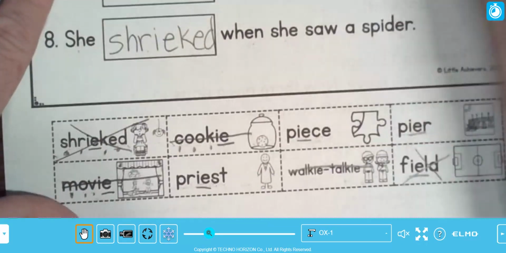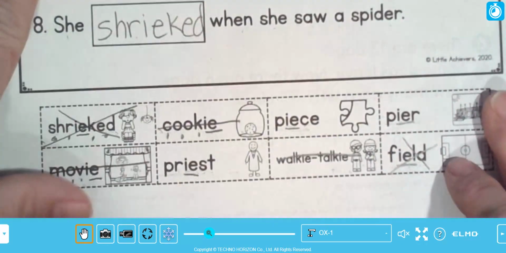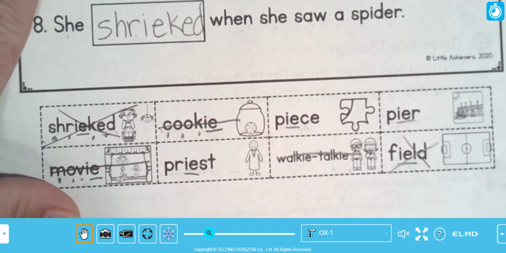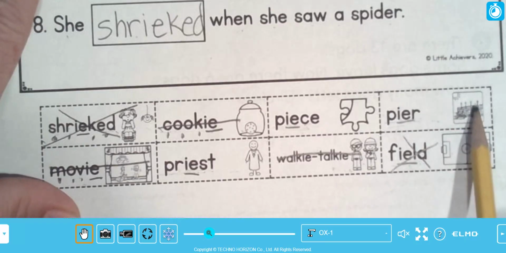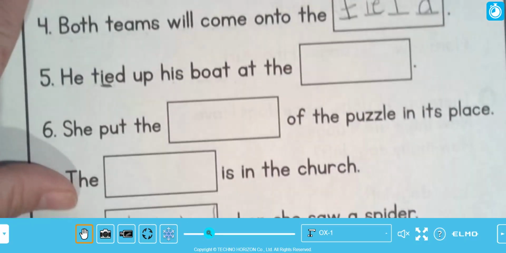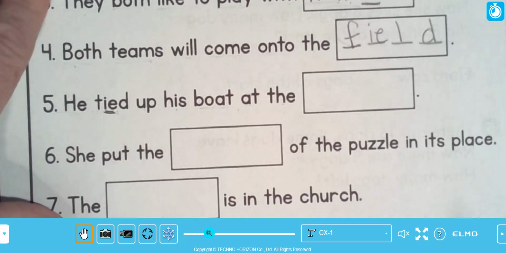Okay, so let's find one of these where he would tie his boat. Would he tie his boat at the pier, or the priest? Yeah, the pier, right? He would tie his boat at the pier because you could see that's where it's like a bridge that goes out into the ocean, from the beach into the ocean. So let's do tie his boat at the pier.